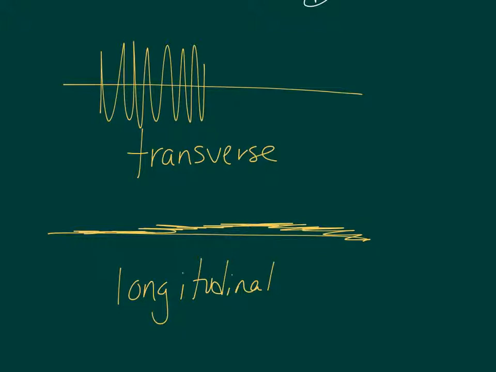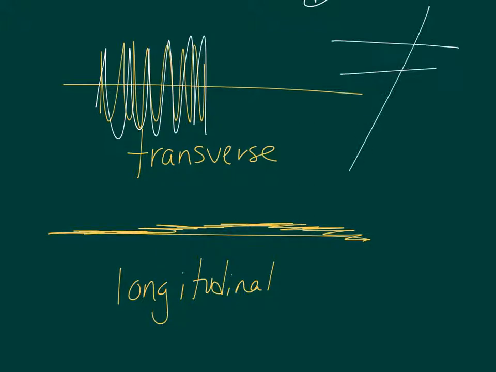That's what the top one makes you think of. The bottom one, longitudinal, think of latitude, longitude, well, don't, it'll just confuse you more. But again, this wave is oscillating up and down, like a transversal cutting through two parallel lines. Transverse.